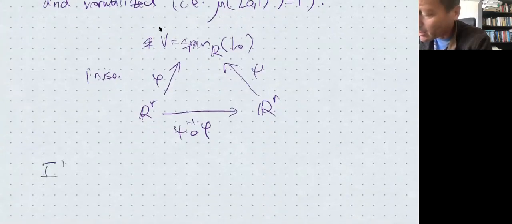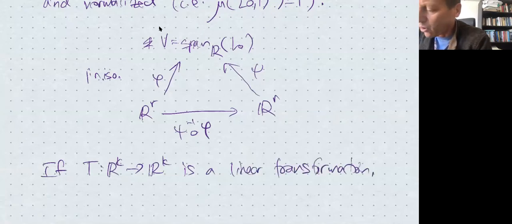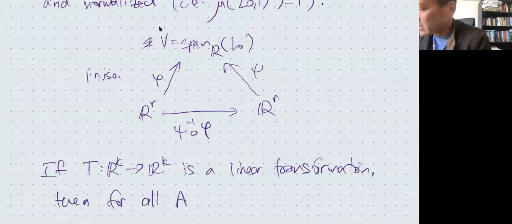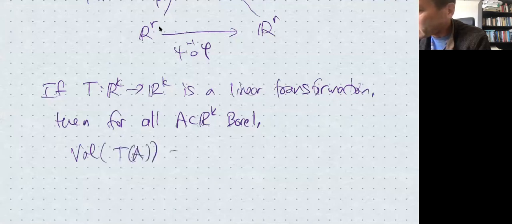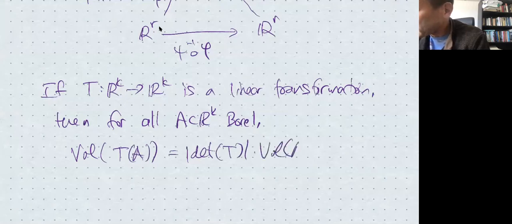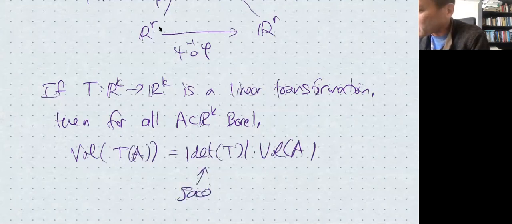So if T from R^k to R^k is a linear transformation, then for all A in R^k Borel, the volume of T(A) equals the absolute value of the determinant of T times the volume of A. And this is the Jacobian. So this formula, this is the Jacobian of T.